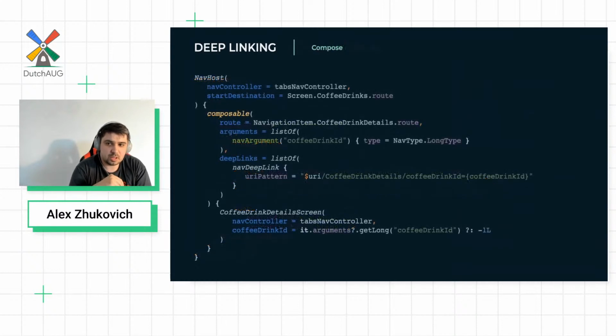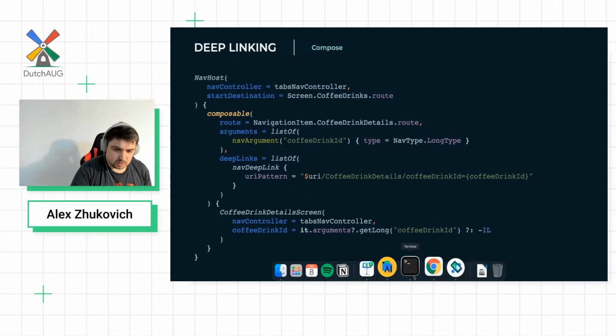And speaking about Compose, we can do it in any nav host, because previously I showed that in my application I have multiple of them on different layers. Here we need to add the deepLinks parameter to the composable function, and configure it for any specific route.